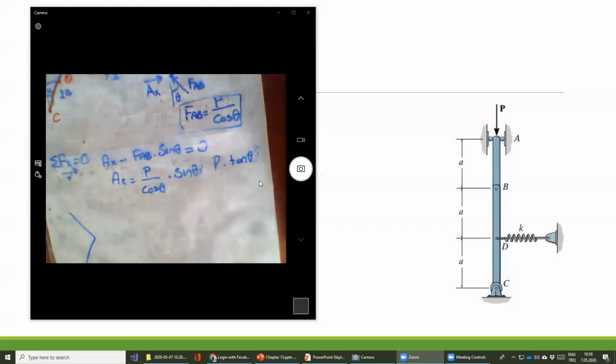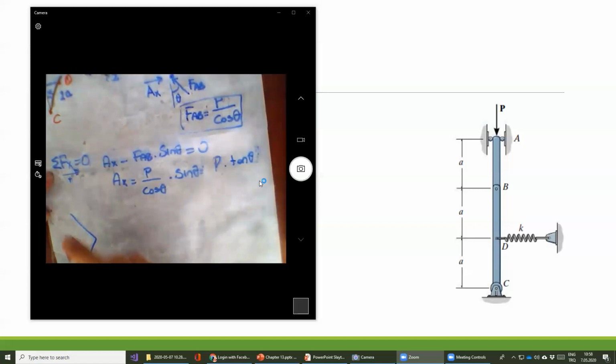This is our structural shape, and let's start with our forces. First of all, I want to write the P vertical force here, and also the AX, whose value I can write here, P times tangent theta.